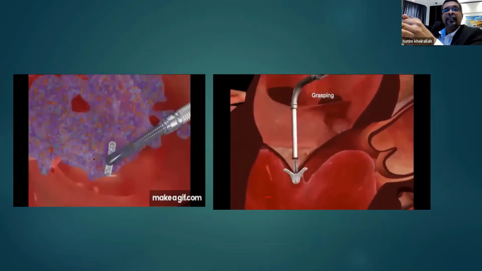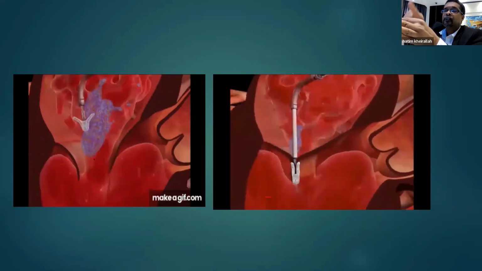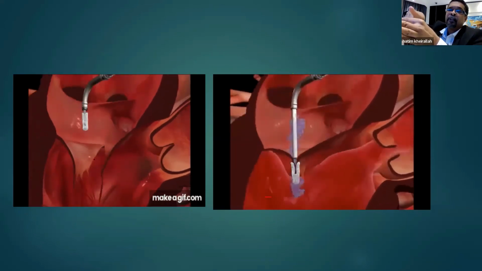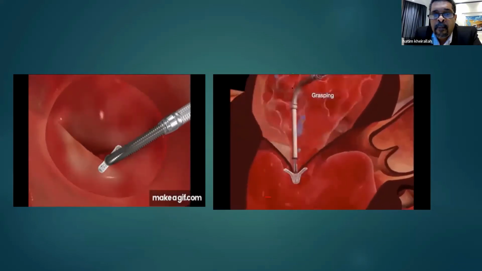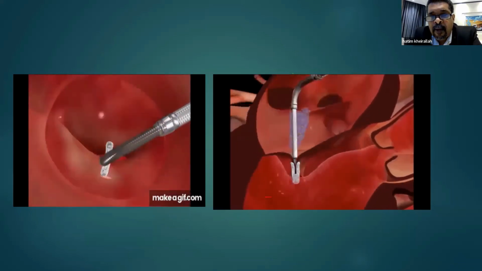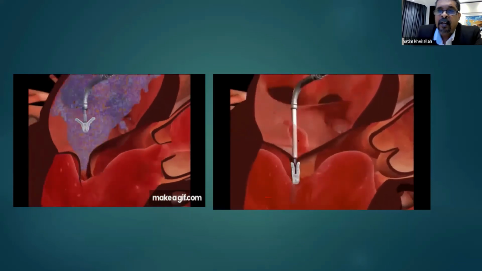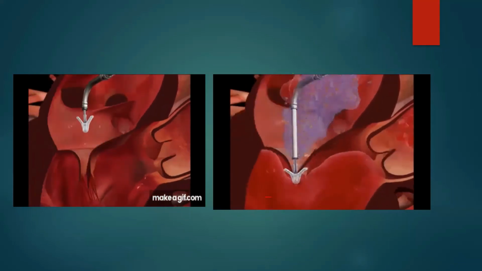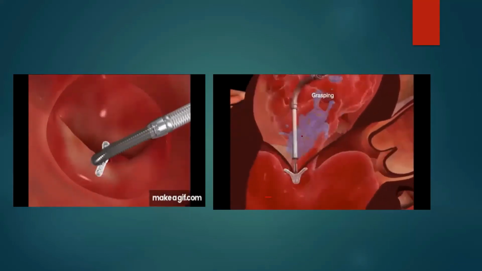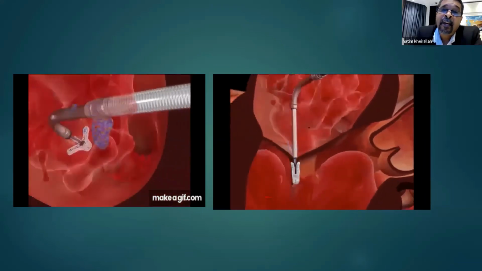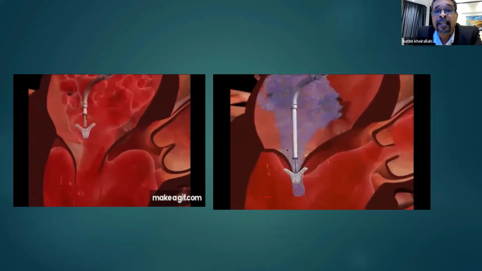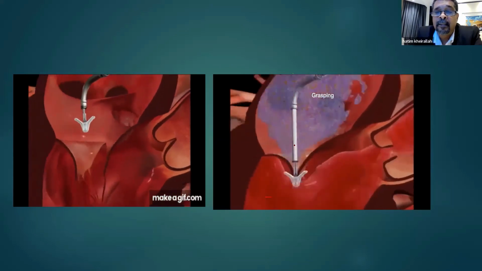Checking perpendicularity is by TEE. So TEE is going to check the perpendicularity. And then the clip system is going to be passed down to the LV. And you see when the clip comes where the jet is, the imager is going to tell the operator whether you are hitting where the MR is.